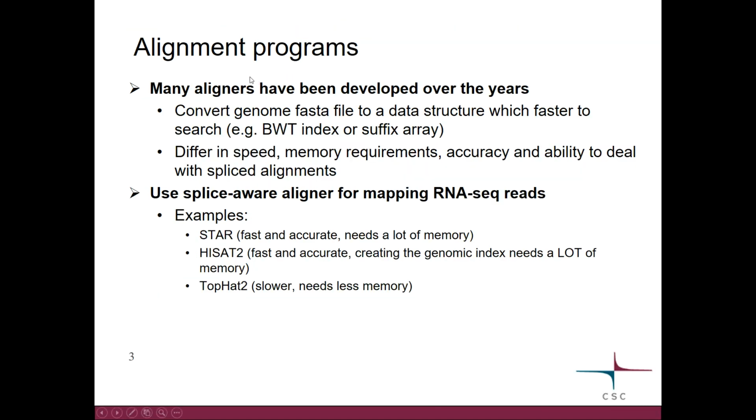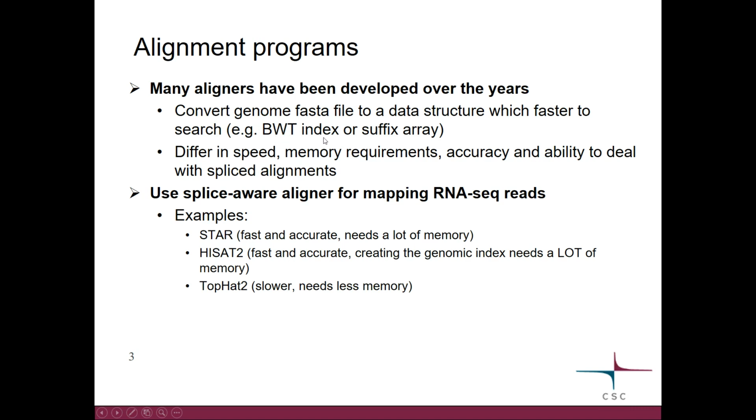So there are lots and lots of alignment programs developed. Typically, they take the genome FASTA file, and before doing any alignment, this FASTA file needs to be converted to a data structure which is more efficient for searching similarities.